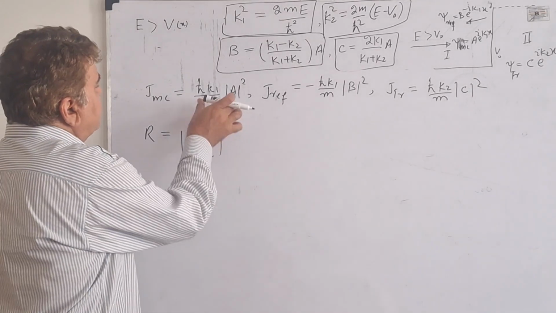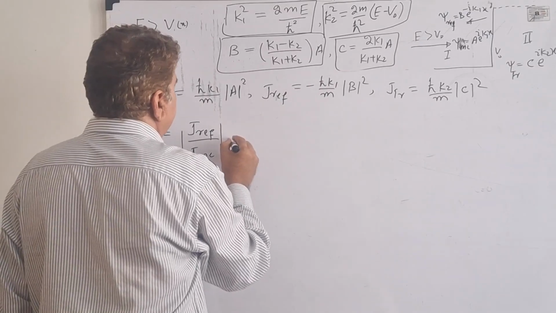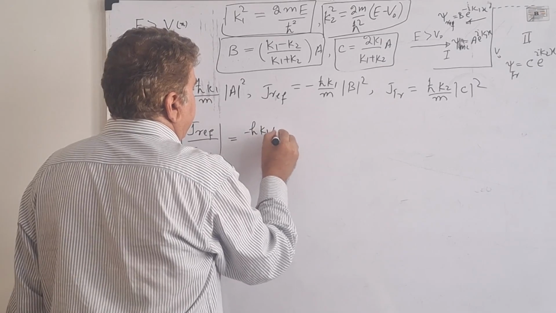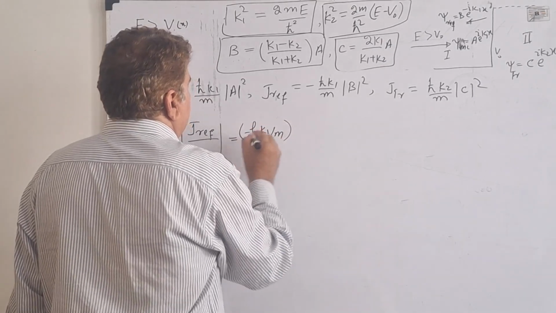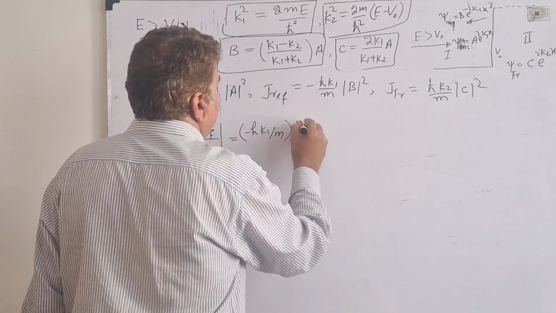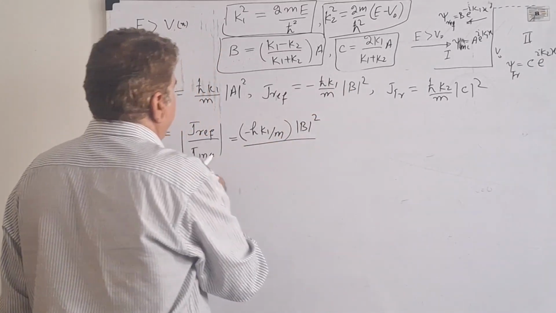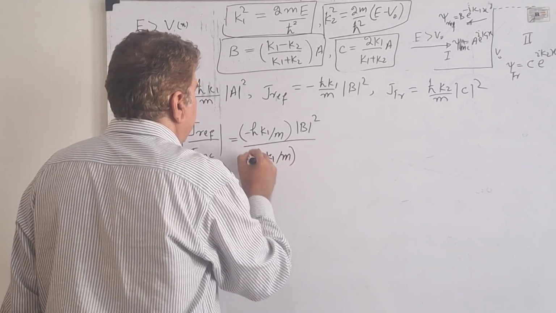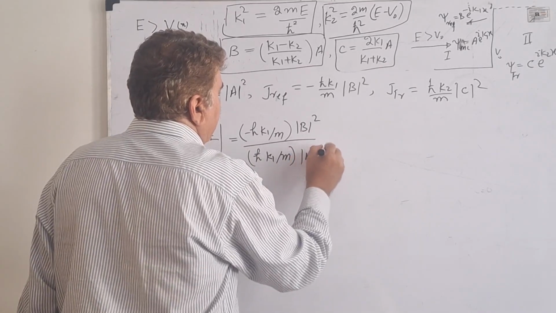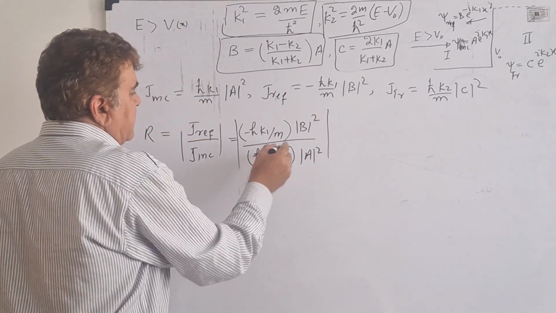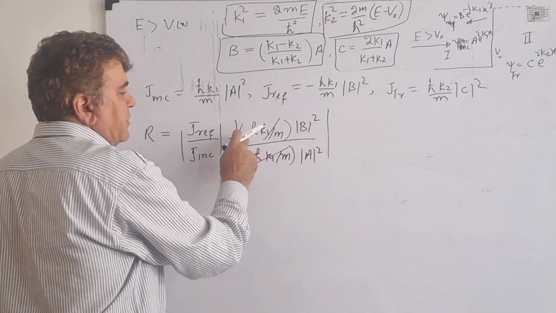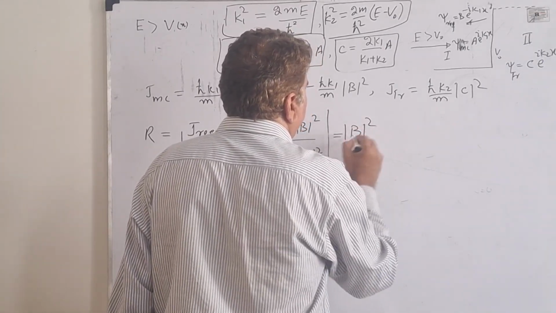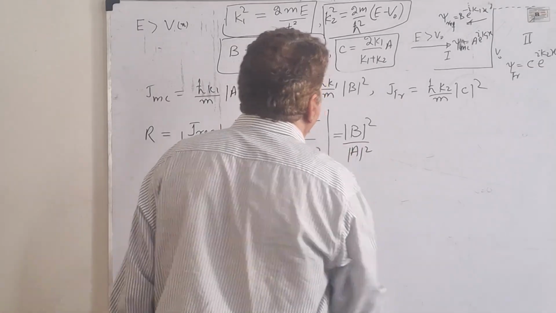And if I put the values into these equations, I get h bar k1 divided by m into mod B squared divided by, for J incident, h bar k1 divided by m into mod A squared, the whole mod. This cancels with this, and the mod converts this to plus, so I'm left with mod B squared divided by mod A squared.